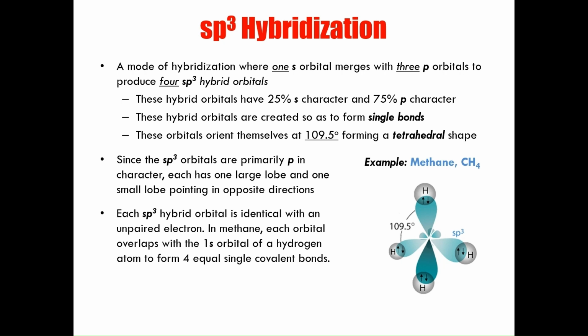These orbitals orient themselves at 109.5 degrees, forming a tetrahedral shape. And so the large lobes of the sp3 orbitals have a tetrahedral arrangement, giving the methane molecule its tetrahedral structure.